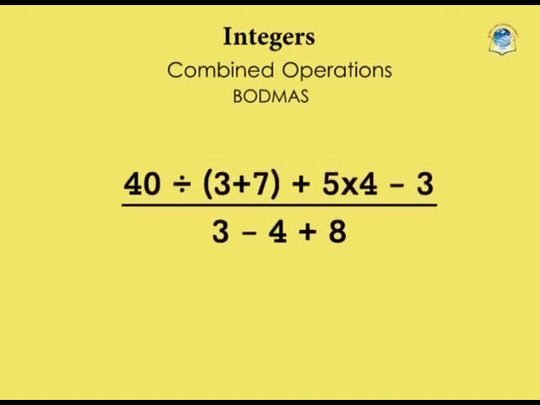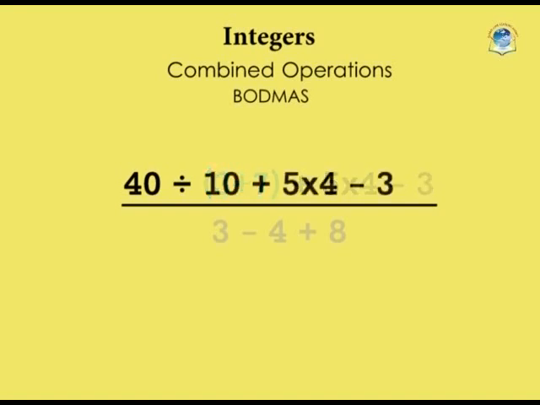Now 40 divided by in bracket 3 plus 7 plus 5 times 4 minus 3, everything over 3 minus 4 plus 8. We start with the numerator. In the numerator, we start with the brackets. 3 plus 7 will give us 10.